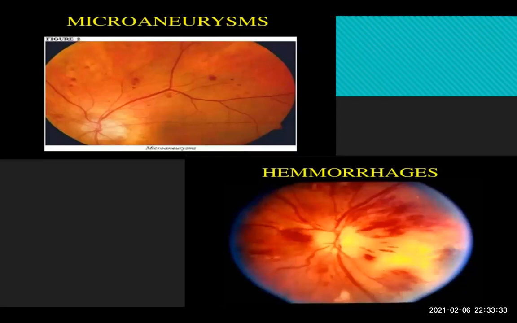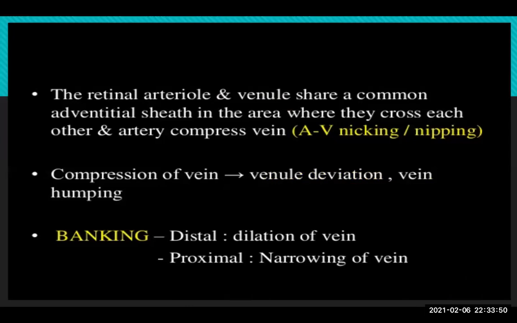With diabetic retinopathy, it takes a very long time to happen. But in hypertensive retinopathy, especially the hemorrhages, you will find them if you have a patient with malignant hypertension or a sudden rise of blood pressure.